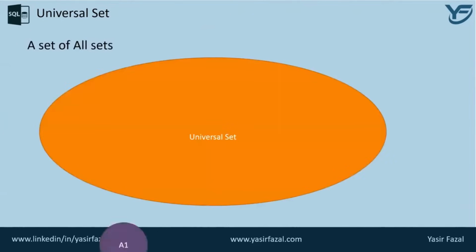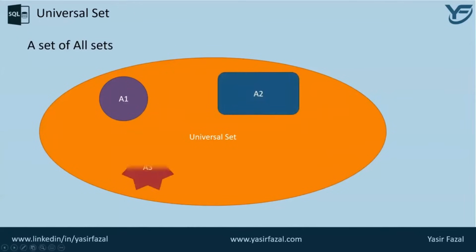So basically, when we talk about a universal set, it means we are talking about a set that has elements of all related sets without any repetition of elements. It is normally a set of all sets, and the universal set is basically the reflection of its name.